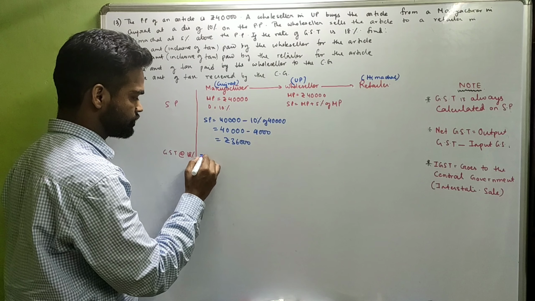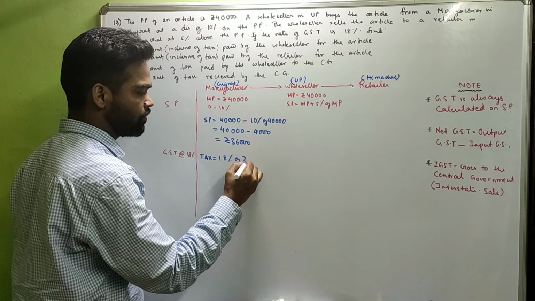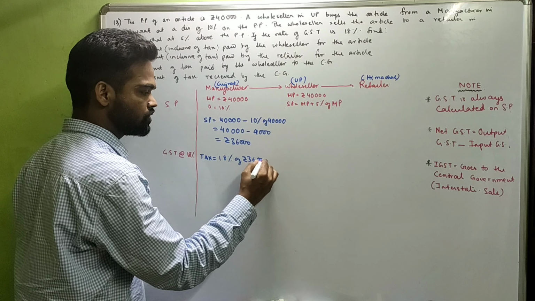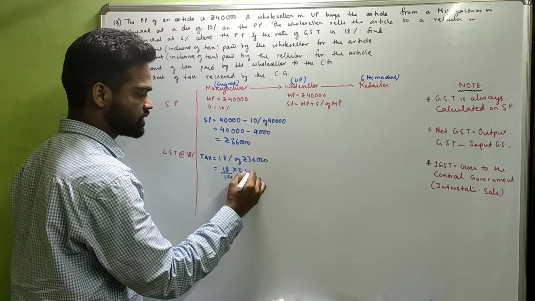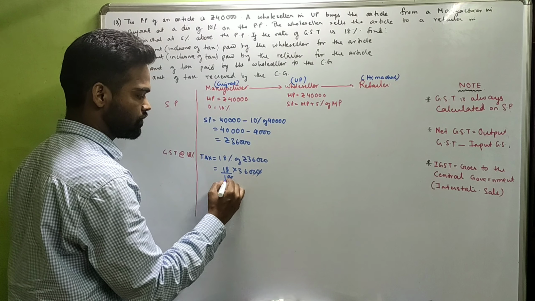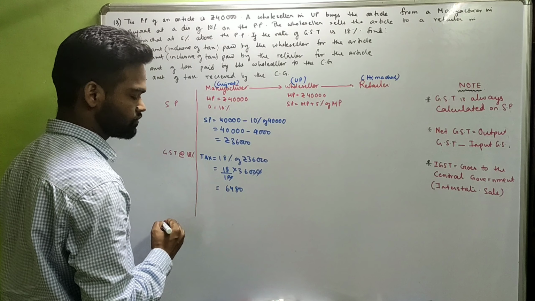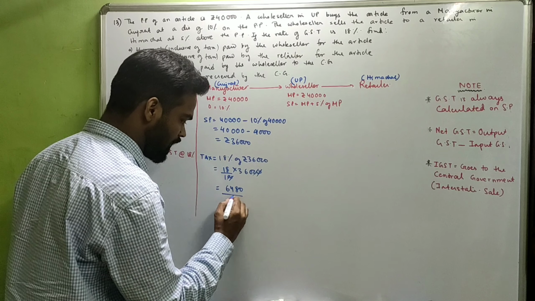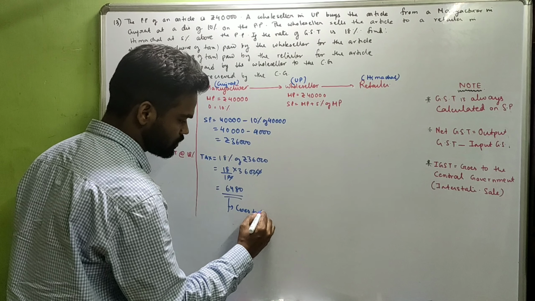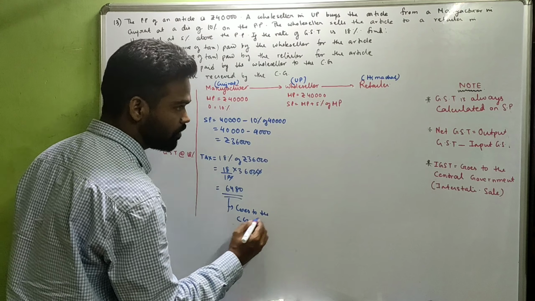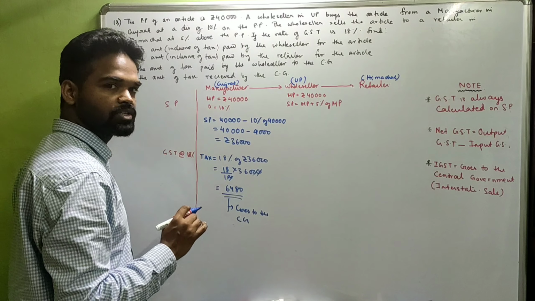Now tax will be 18% of rupees 36,000, which is 18 by 100 multiplied by 36,000, which means this will be 6480. And this entire amount goes to the central government in integrated GST.